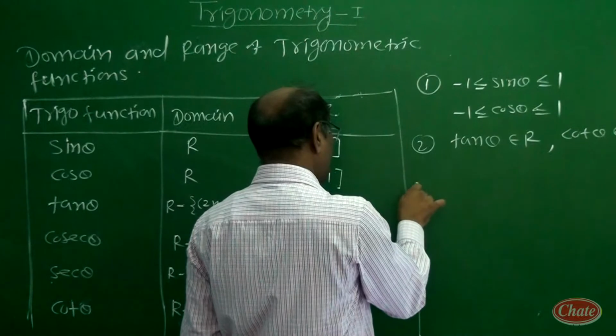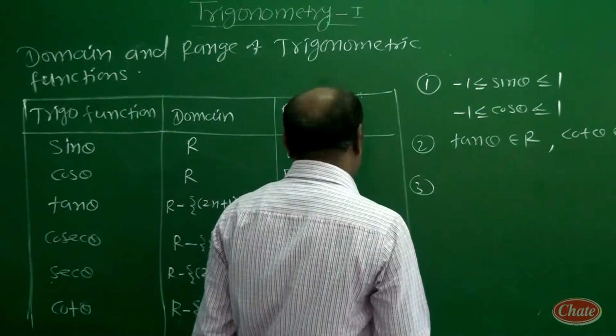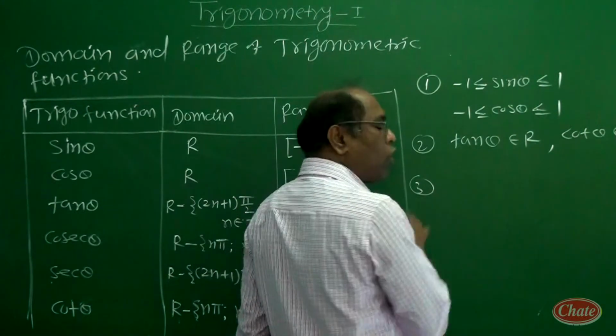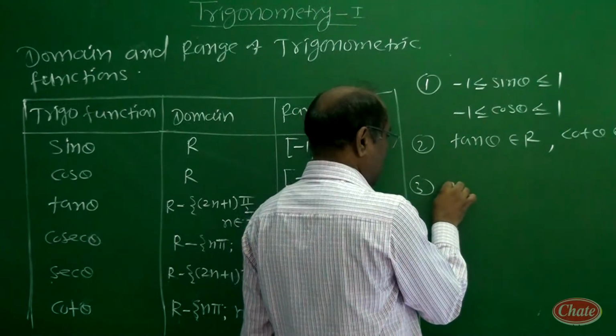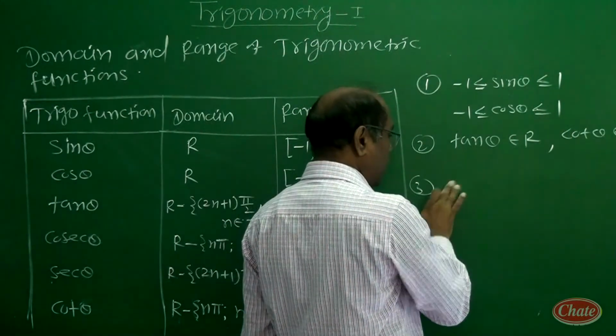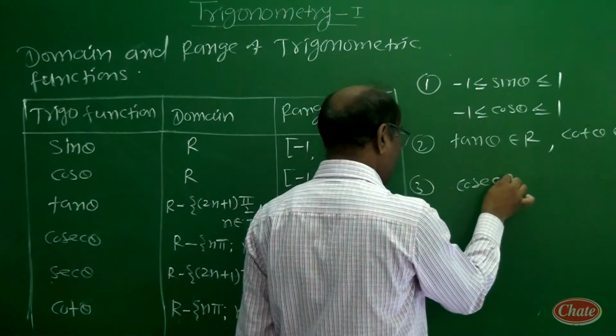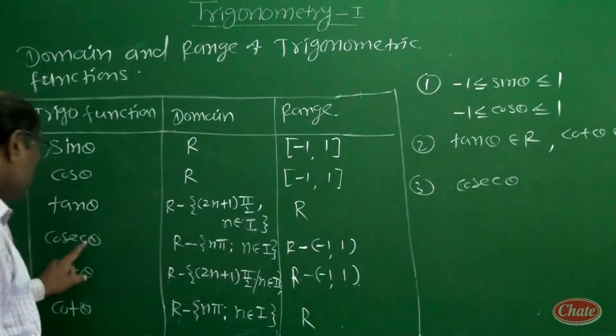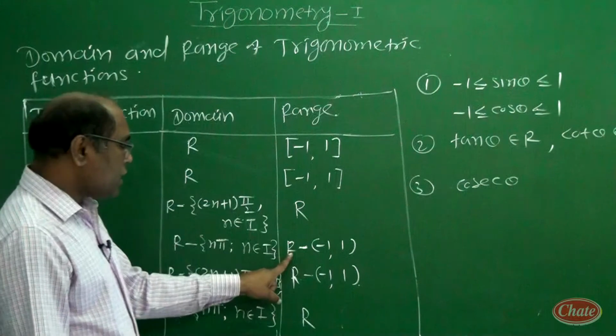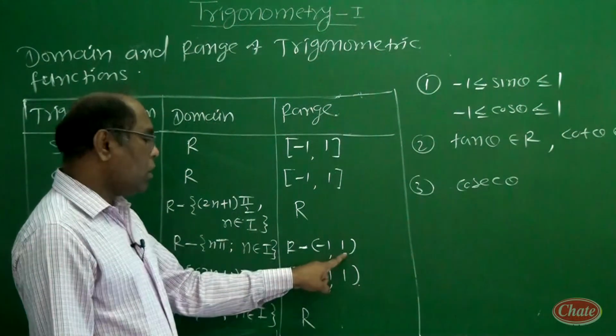Then number 3, for cosec theta. What is the range of cosec theta? The range of cosec theta is R minus the interval minus 1 comma 1.